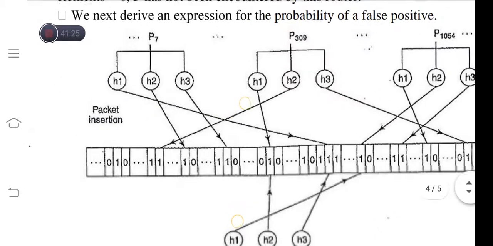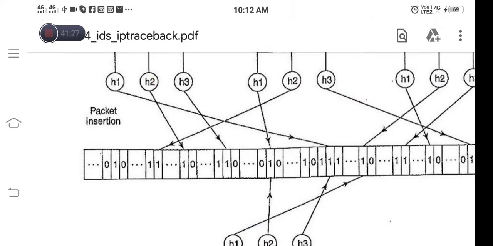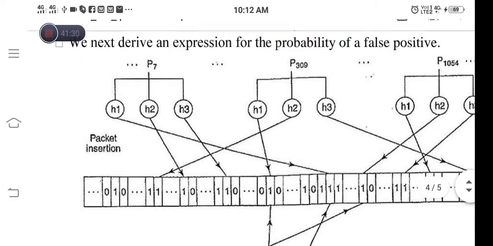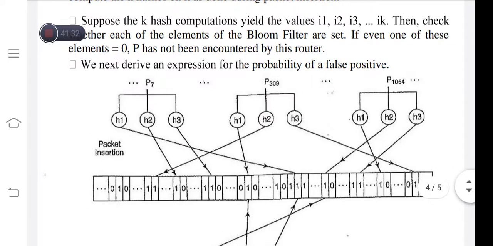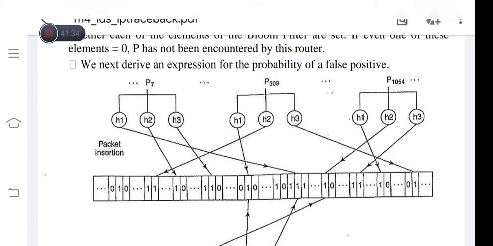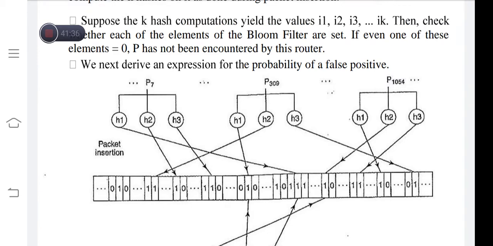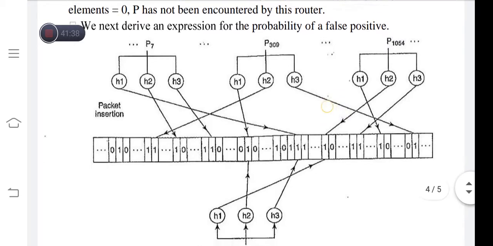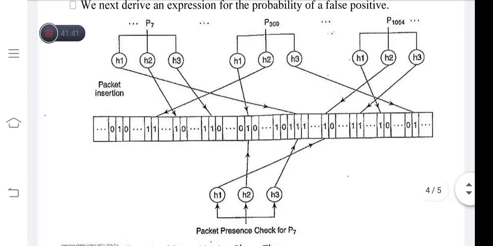Because while inserting P7 into the array, H1, H2, H3 were computed, leading to some other indexes as we see through the lines, and we stored the value 1 there. But at packet presence checking for the same packet P7, it gives some other index, compared to the H2 of P7 at insertion.